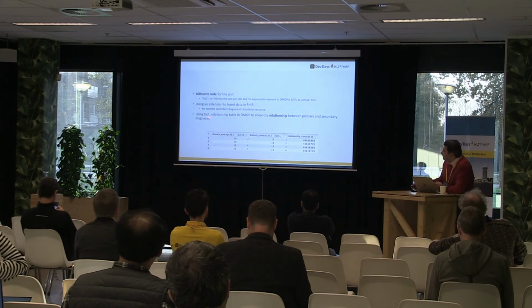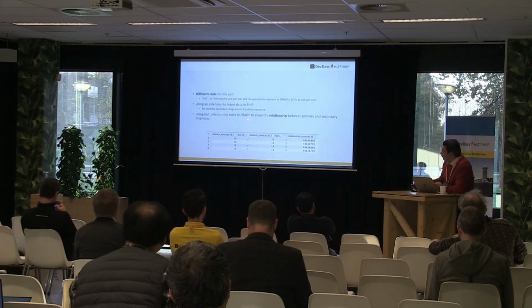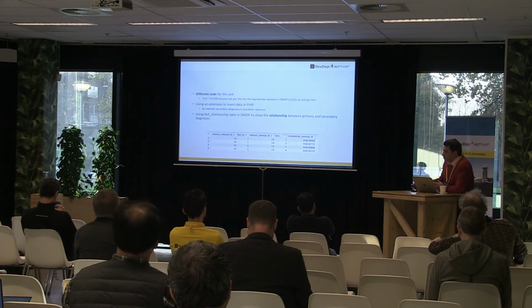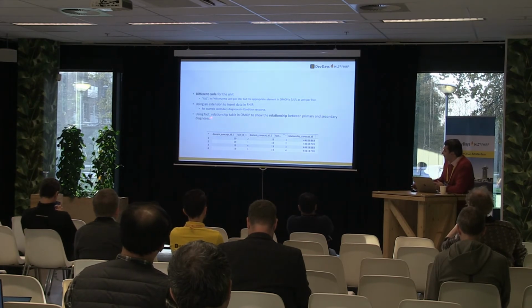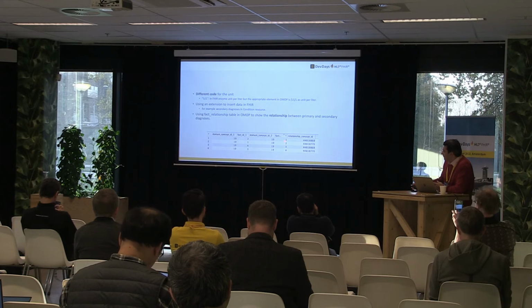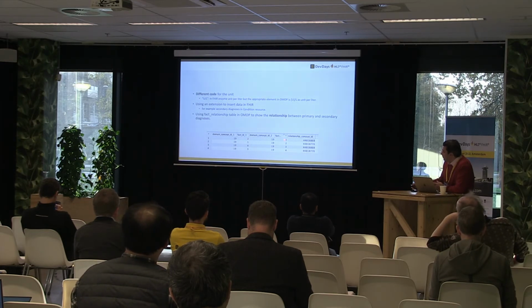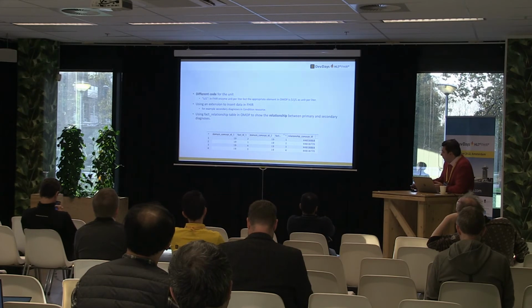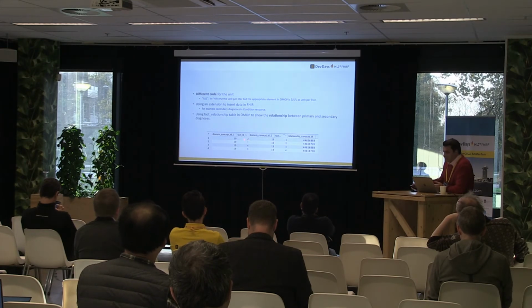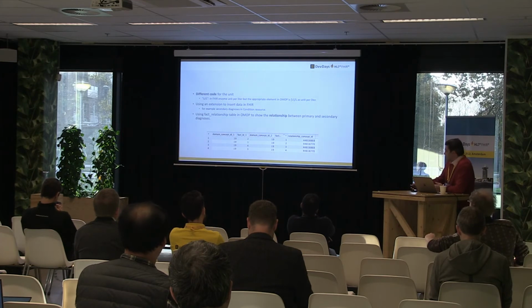And with the fact relationship table in OMOP, we can show the relationship between primary and secondary diagnosis. As you see in this screenshot, the first line shows you condition number 2 is the secondary diagnosis of condition number 1. And this code shows you the first one is the secondary diagnosis.